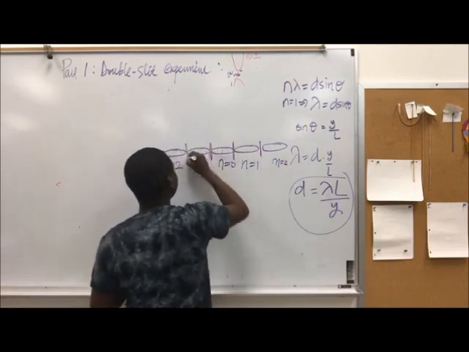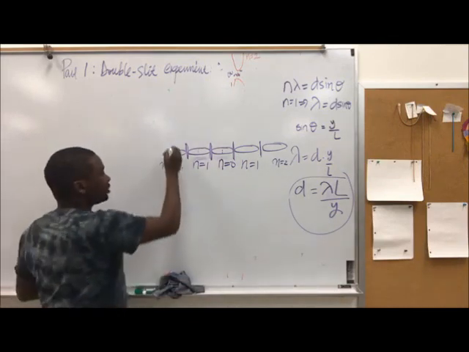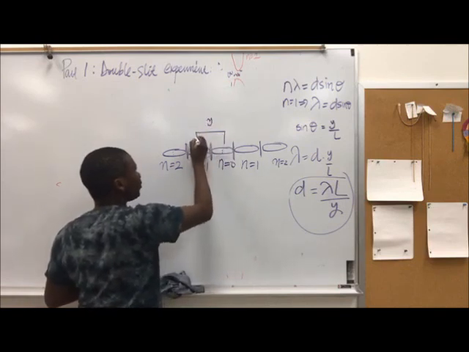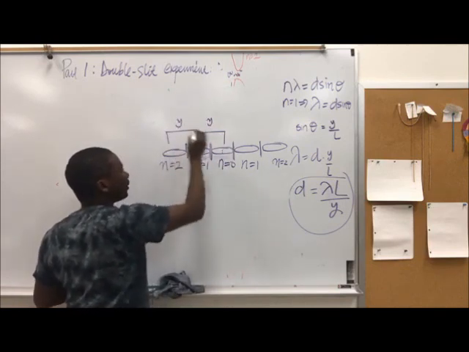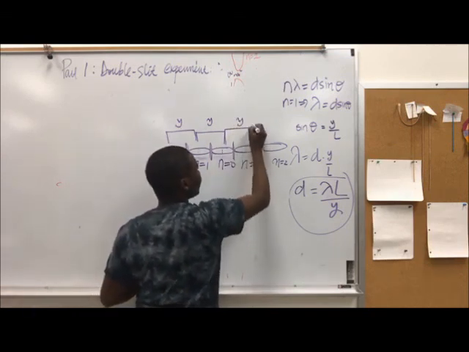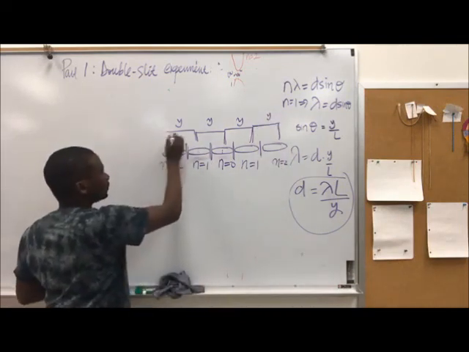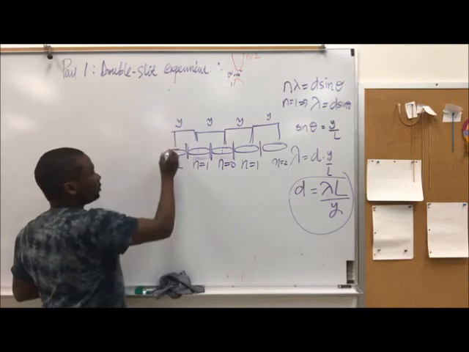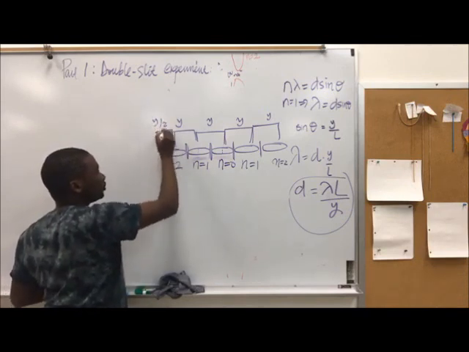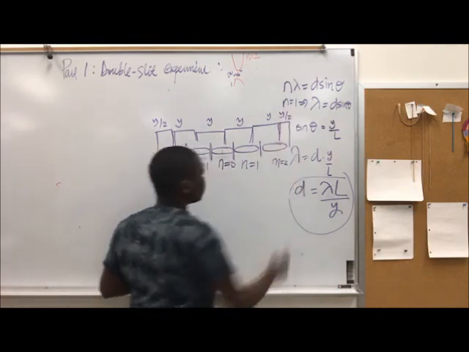Dark fringes, dark fringes. I had told you earlier that the distance between the centers of the bright fringes is y. So you have y there, another y, another y, another y. What that means is here I also have a piece of y, which is y over 2, and here I have another piece of y, which is y over 2.